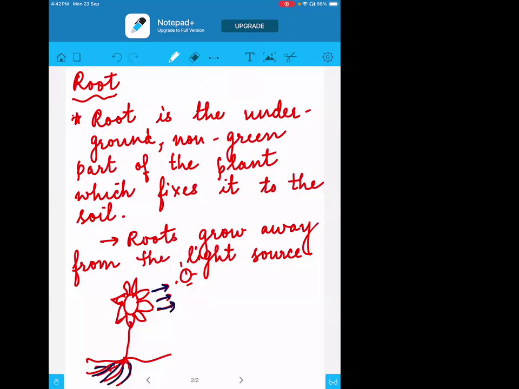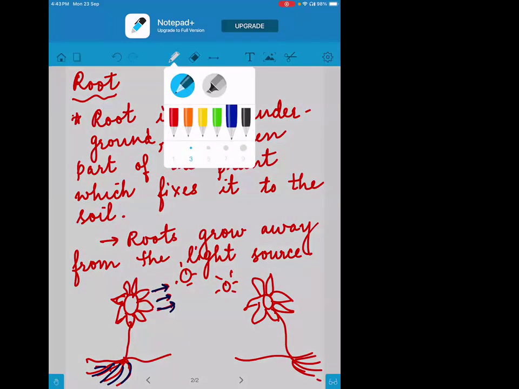In the second case, now, if the sun is here and the sunflower is here, what happened? In this case, the upper part will go towards the sun that side and the roots will go towards this side. Fine.